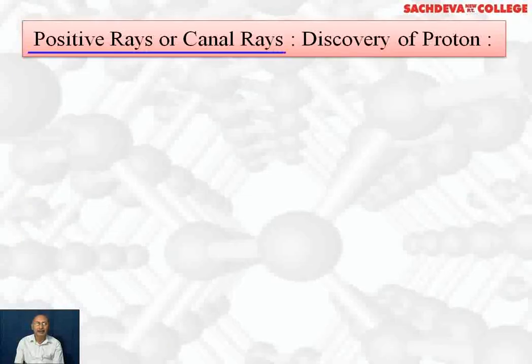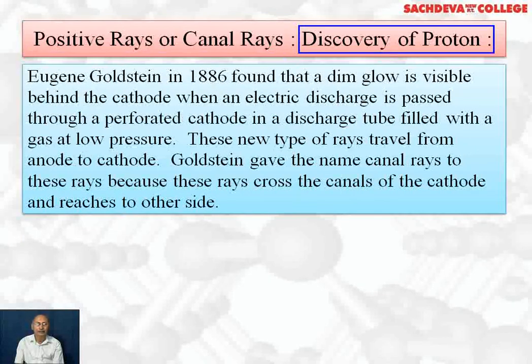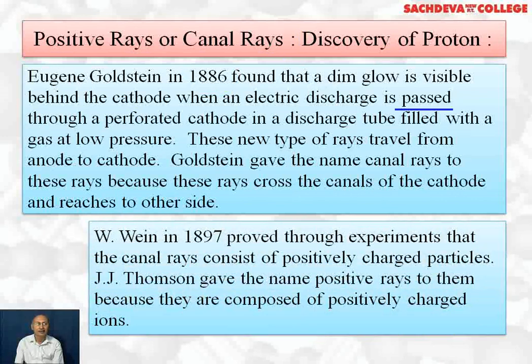Positive rays or canal rays and discovery of protons. Goldstein in 1886 found that a dim glow is visible behind the cathode when an electric discharge is passed through a perforated cathode in a discharge tube filled with gas at low pressure. These new types of rays travel from anode to cathode.